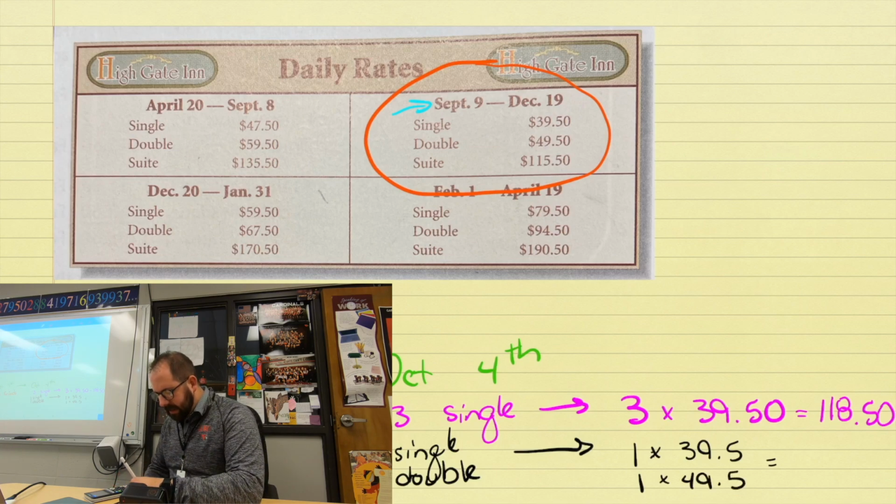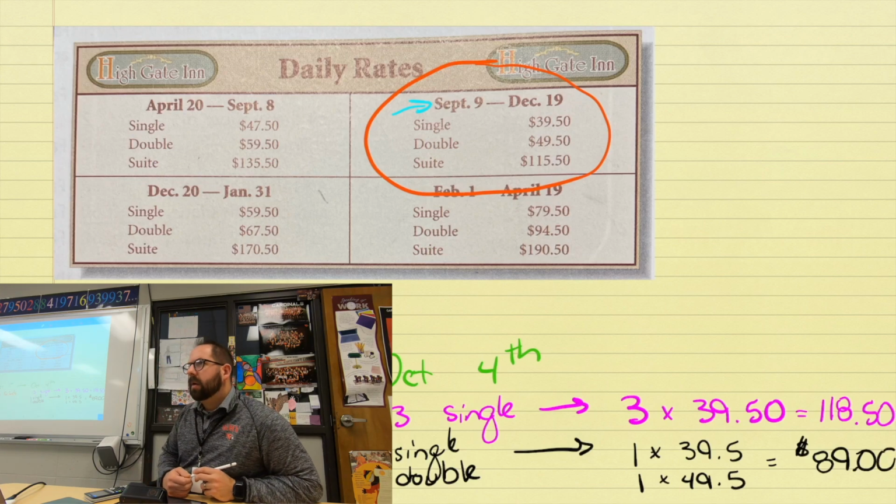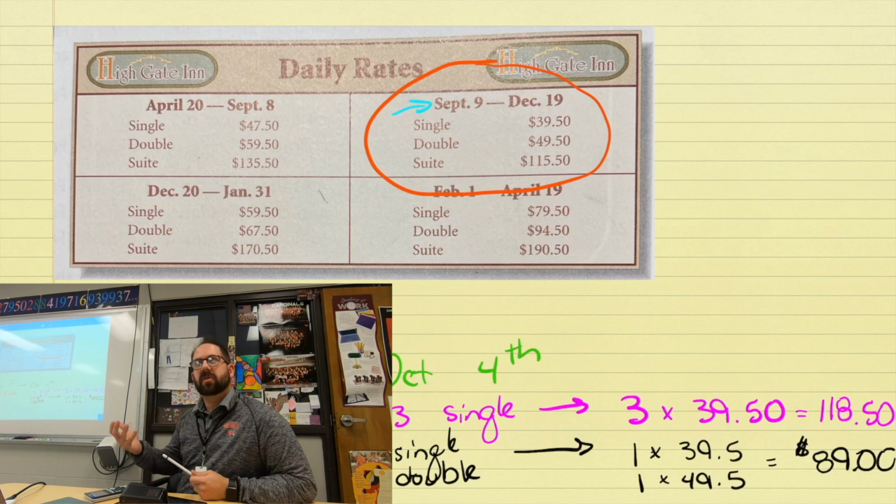You're paying $89. That's adding it up. You're totaling $89. Well, that's way cheaper than buying 3 singles. So now we're talking way less numbers. So if we're saying for 3 nights, it's 3 times 89. Significantly cheaper.